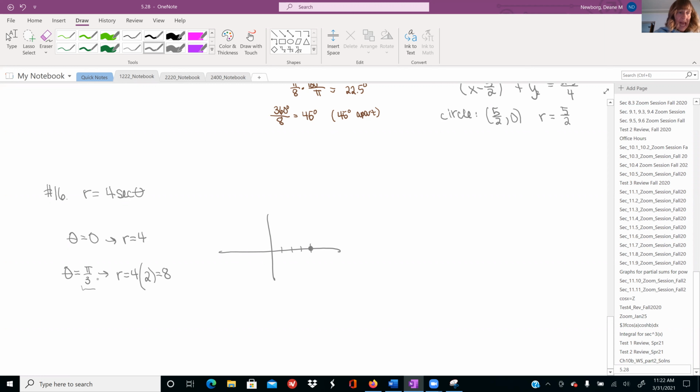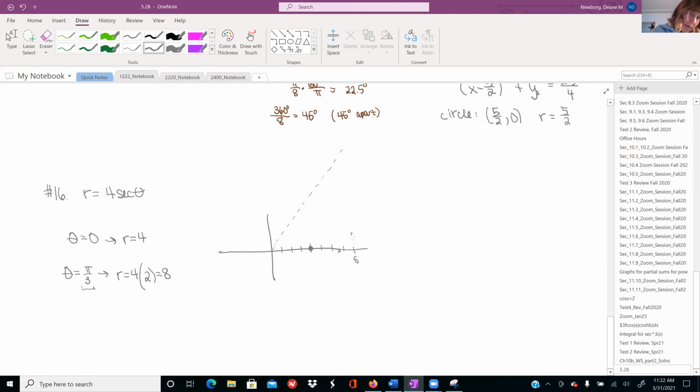Okay, so I have to make an angle of pi/3, which is 60 degrees, and then go out to a circle of radius 8. So 1, 2, 3, 4. So there would be 8.